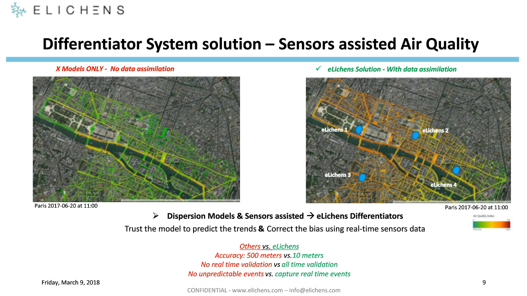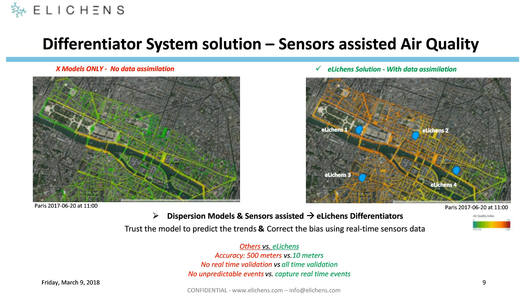The differentiation you get in this is, one of the important ones, accuracy. Typically with models, you're at about 500-meter accuracy with air pollution and any given pollutant. We can bring that to 10-meter accuracy. There is no real-time validation with models, and we provide all-time validation along with our hardware-assisted quality stations. There are also no unpredictable events with the models, and with our solution you really capture real-time events.